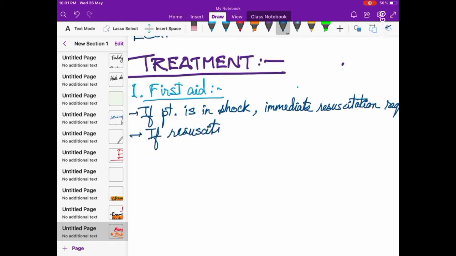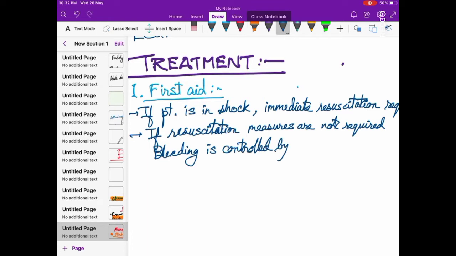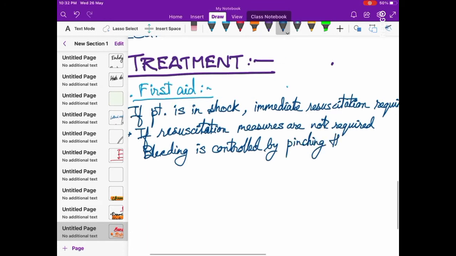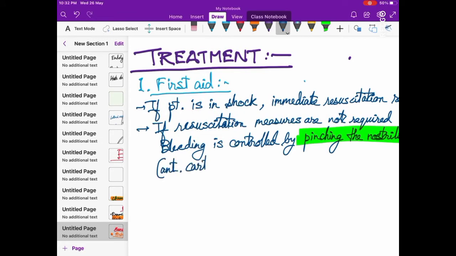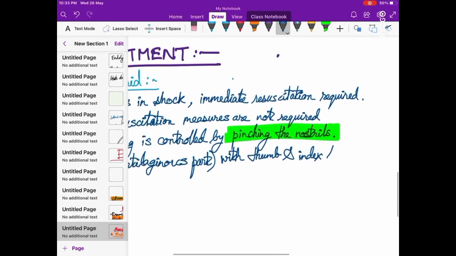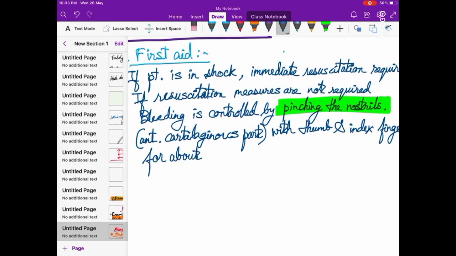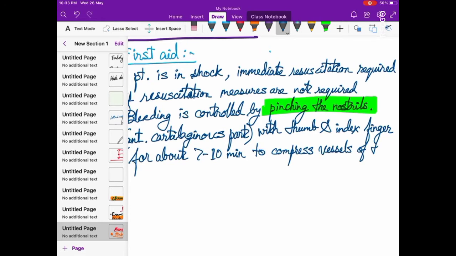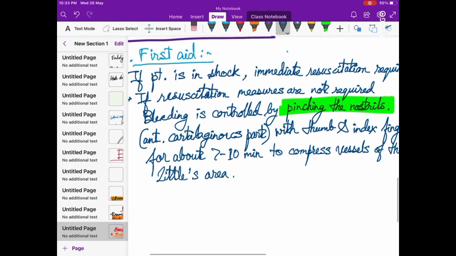If resuscitation measures are not required, bleeding is controlled by pinching the nose. The nostrils and anterior cartilaginous part should be pinched with thumb and index finger for about 7 to 10 minutes to compress vessels of Little's area.